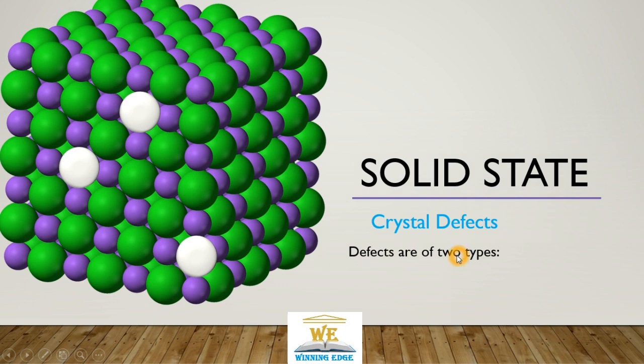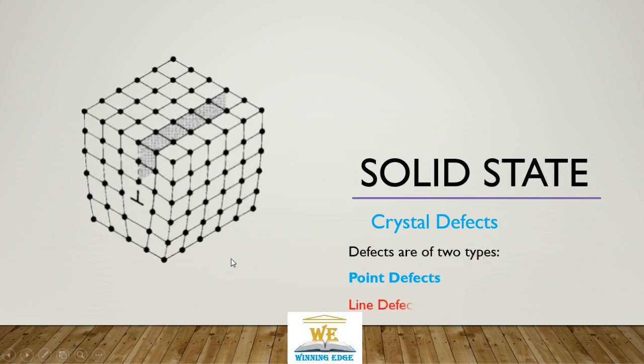So briefly we can classify defects into two categories. There are two types of defects: point defects and line defects. Line defects are present throughout a linear structure. Point means at one particular lattice point in a three-dimensional crystal.